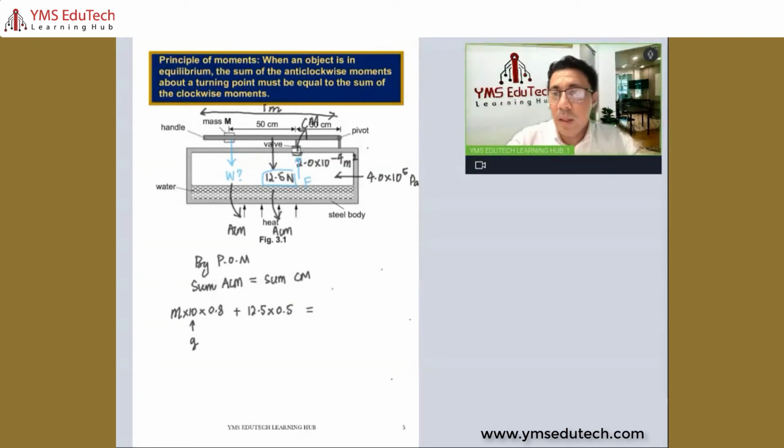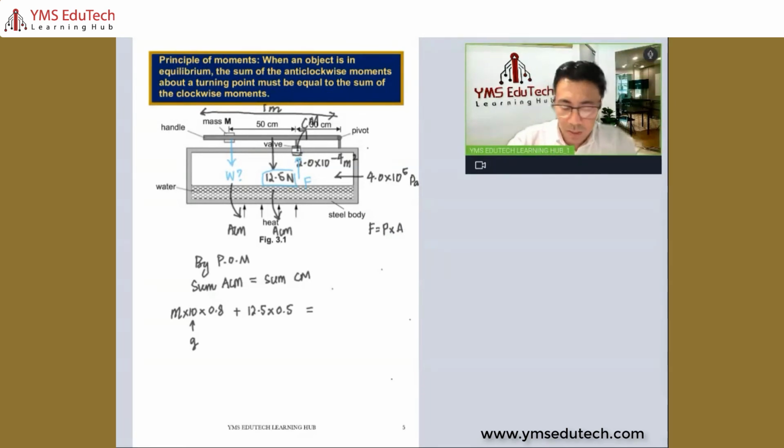The sum of these anti-clockwise moments must be equal to the sum of clockwise moments, and we only have one clockwise moment, which is due to the force exerted on the valve. How do we calculate the force exerted on this valve? There's pressure in the boiler, and there's the cross-sectional area of the valve. The product of these two gives the force, because force equals pressure multiplied by cross-sectional area.